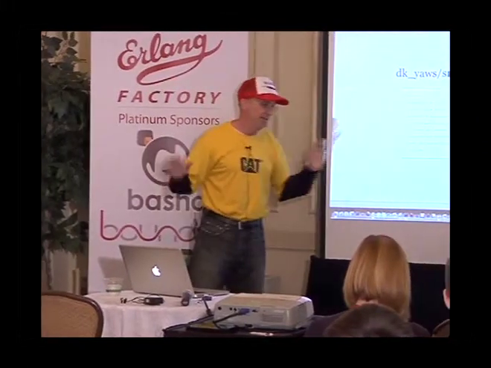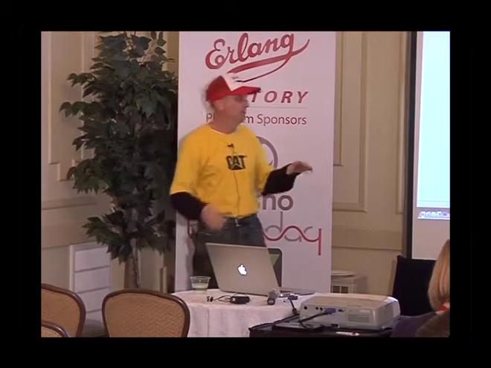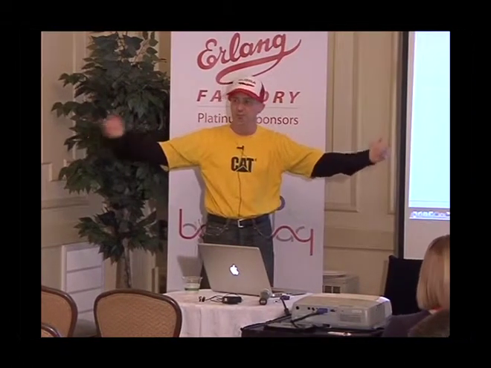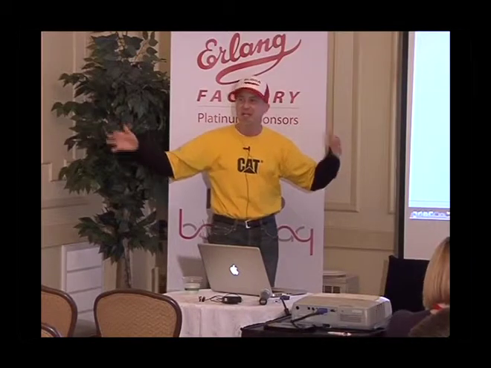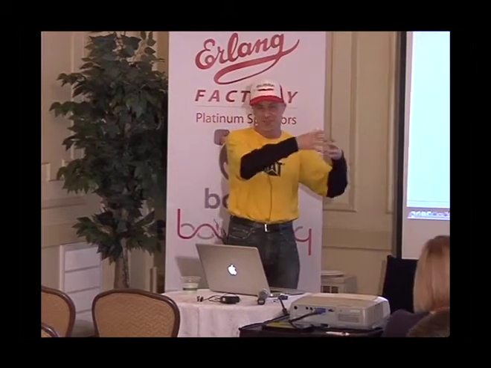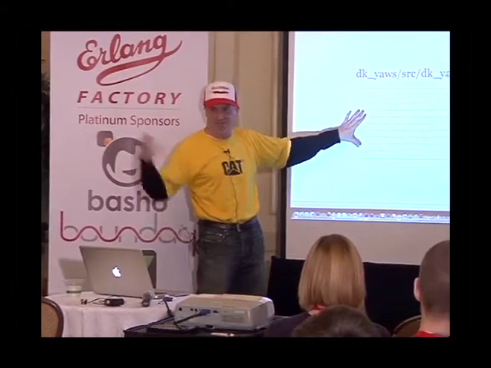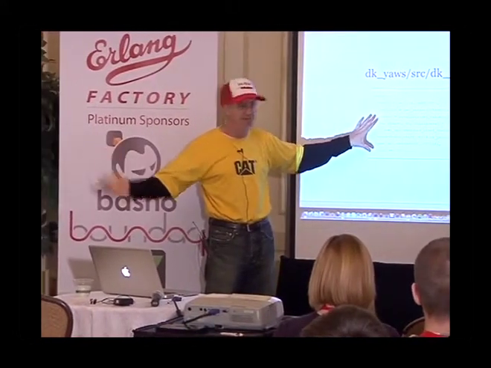YAWS is written closer to OTP than a lot of the other mochiweb servers, but it's not exactly done with a root supervisor. So you call a function and it hands back a collection of supervisors that the root supervisor should launch. Your root supervisor has to run through that list and launch all of them. That's the snippet of code that they give in their examples in their documentation.